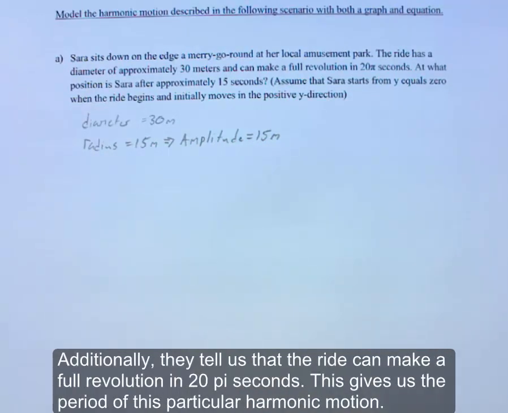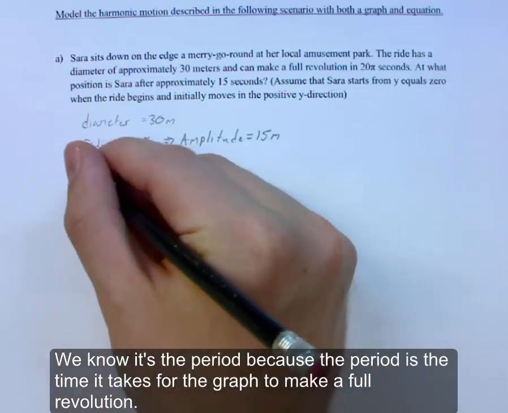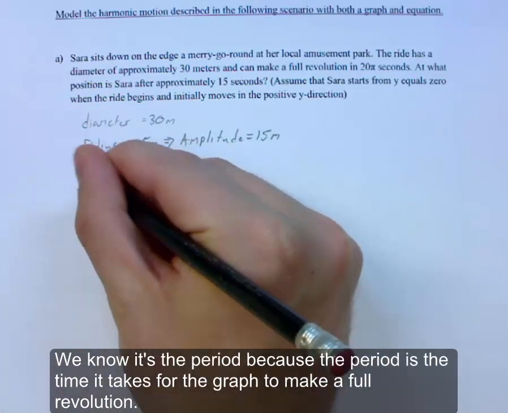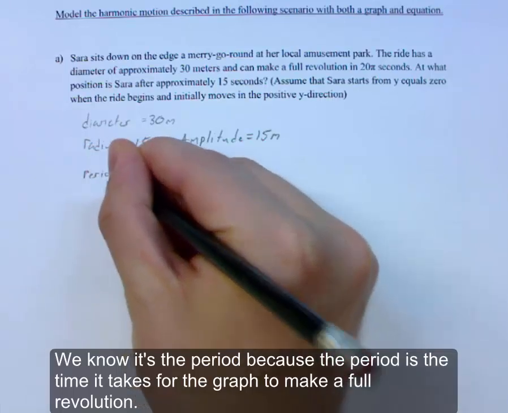Additionally, they tell us that the ride can make a full revolution in 20 pi seconds. This gives us the period of this particular harmonic motion. We know it's the period because the period is the time it takes for the graph to make a full revolution.